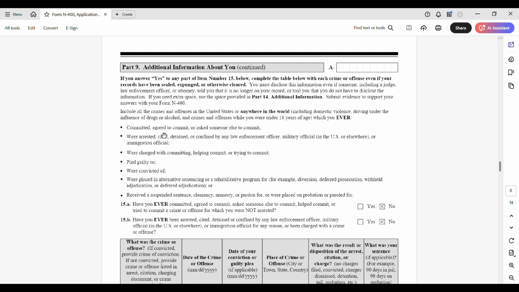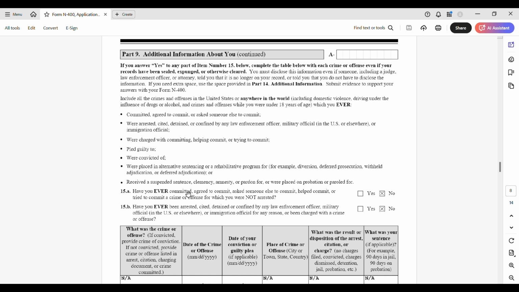Which you ever committed, agreed to commit, or asked someone else to commit, were arrested, cited, detained, or confined by any law enforcement officer, military official in the U.S. or elsewhere, or immigration official, were charged with committing, helping commit, or trying to commit, pled guilty to, were convicted of, were placed in alternative sentencing or a rehabilitative program, for example, diversion, deferred prosecution, withheld adjudication, or deferred adjudication, or received a suspended sentence, early amnesty or pardon for, or were placed on probation or paroled for.